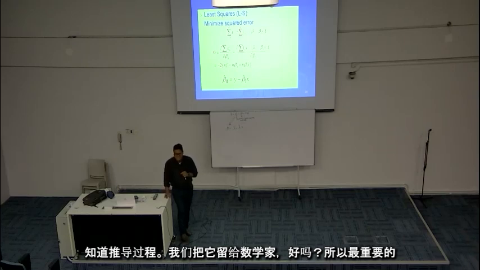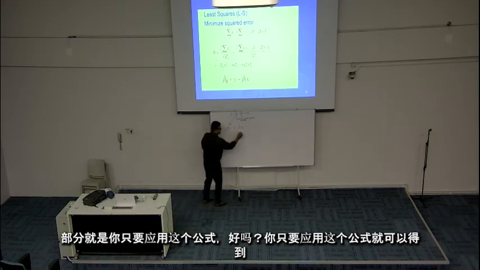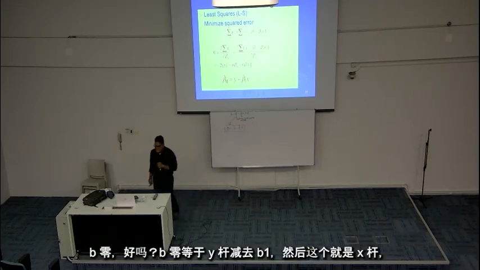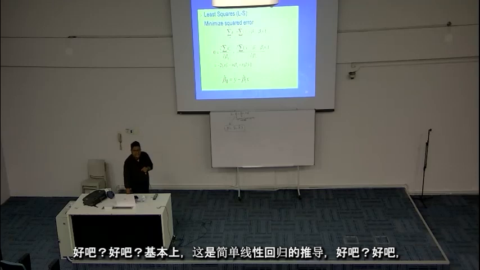The most important part is you just apply this formula to get the value for B naught. B naught is equal to Y bar minus B1 hat times X bar. Basically this is the derivation for the simple linear regression.